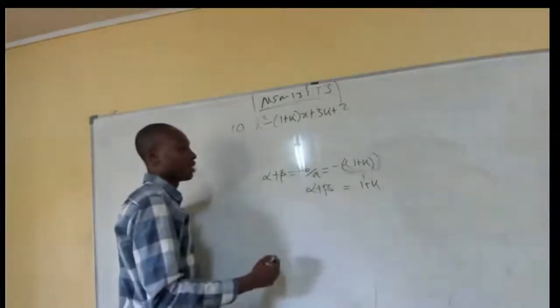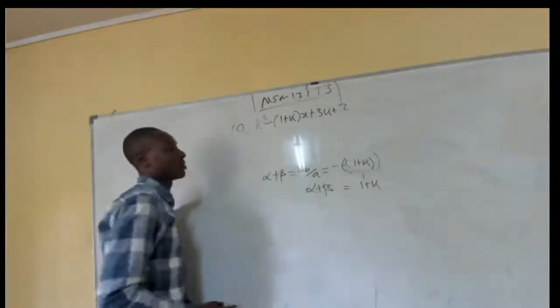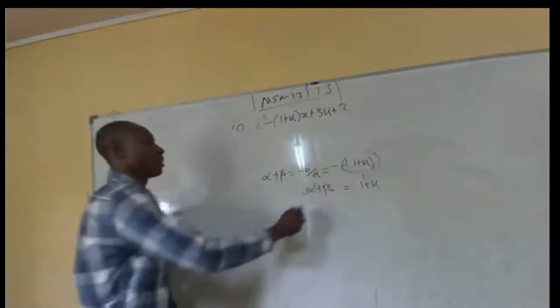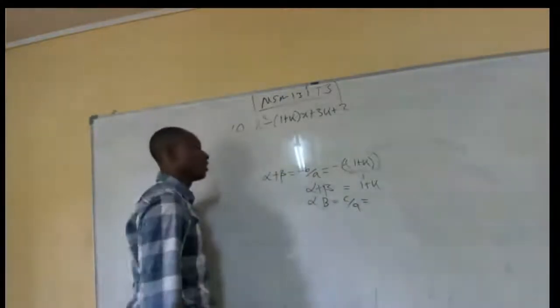So what is the product of the roots? Let's find the product first. The product is c over a.